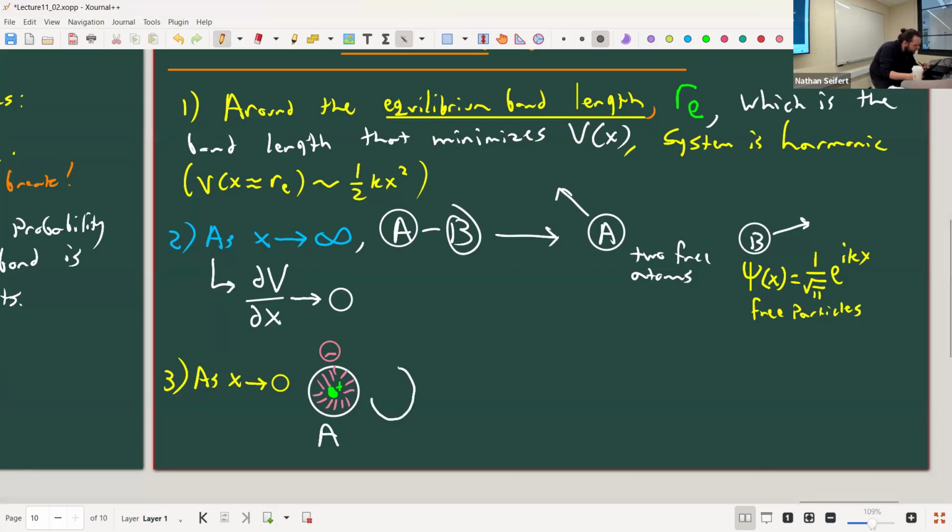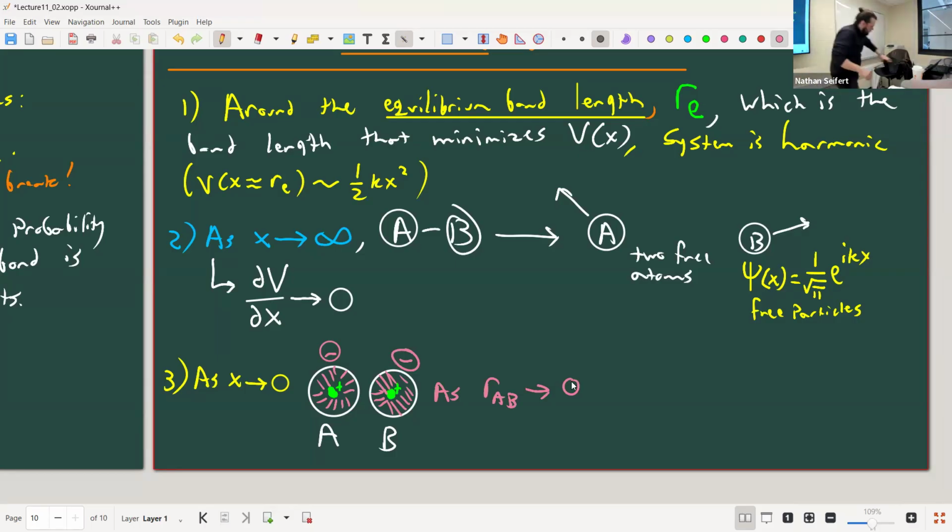It might have different charges, but structurally, it looks like a positive nucleus right in the middle with a bunch of electron density around it. As the distance between A and B goes to zero, what happens to these two atoms? Well, the two atoms start to impinge on each other. So as R goes to zero, they start to share the same space. Here's A, and here's B.